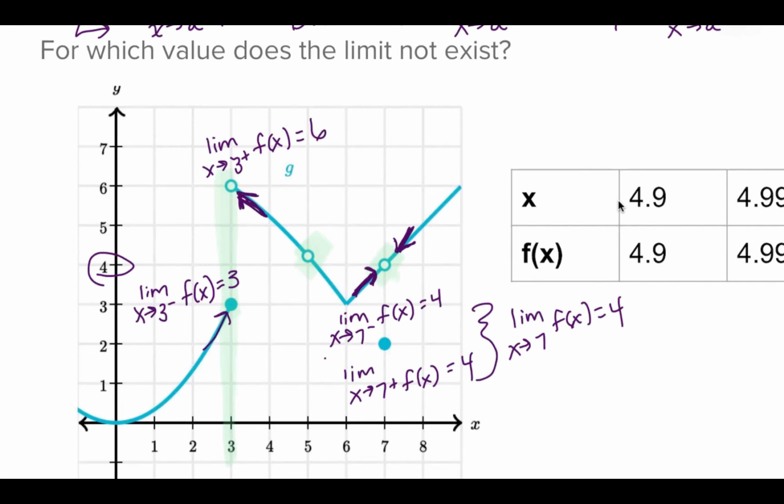So 3 and 6 are not equal, so the limit as x approaches 3 from the left and the right are not equal to each other, which in sum will tell us that the limit as x approaches 3 of f of x does not exist. And that's the only spot on this graph that I can see where it does not exist. So this would kind of be my final answer.